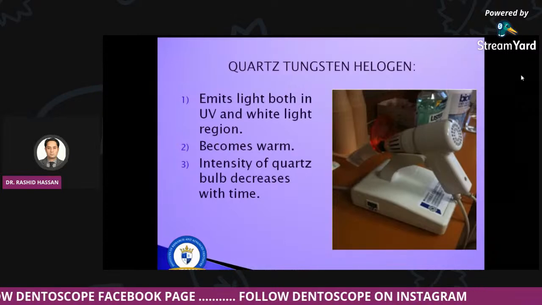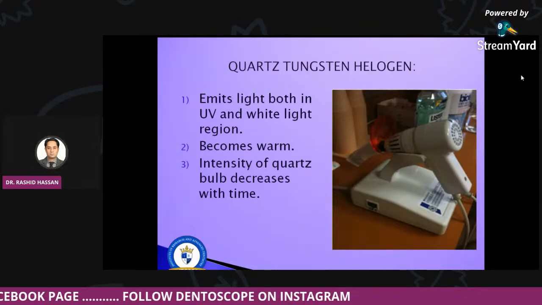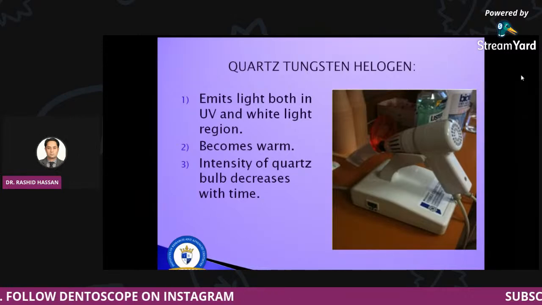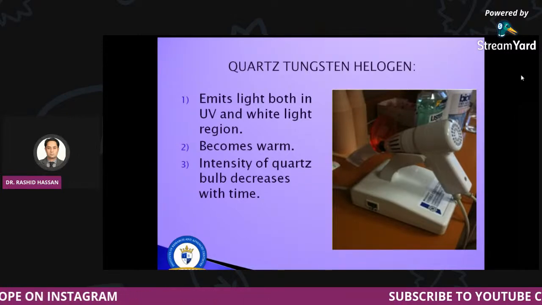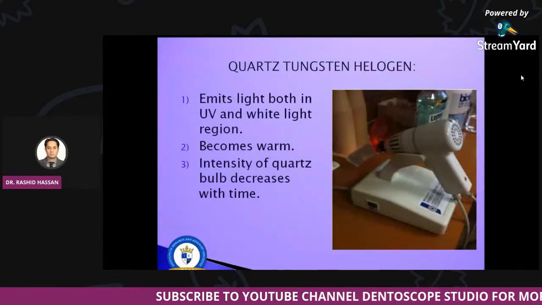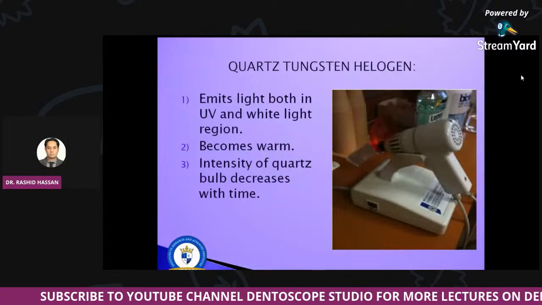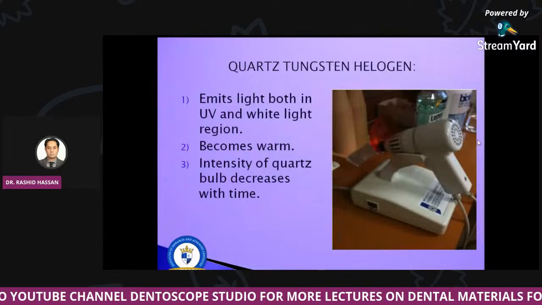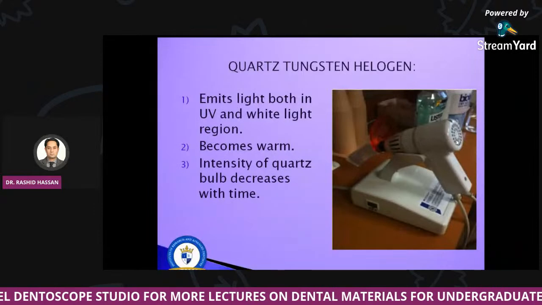You can see in the picture it has a wire to be attached to the electricity, and then you can see this orange color filter. And here at the back side of this curing light, you see different holes.